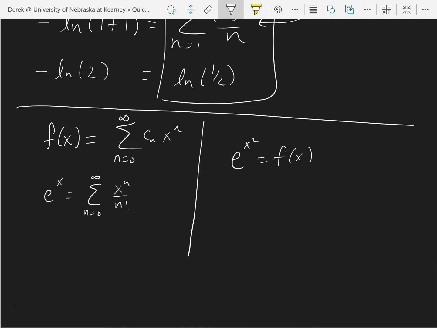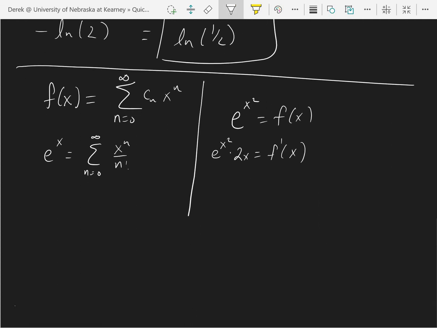So e to the x squared is f of x, then e to the x squared times 2x is f prime at x. At 0, that's going to be 0. How about we go to the next one? I get e to the x squared times 2x again, times 2x by the product rule, plus 2 times e to the x squared.